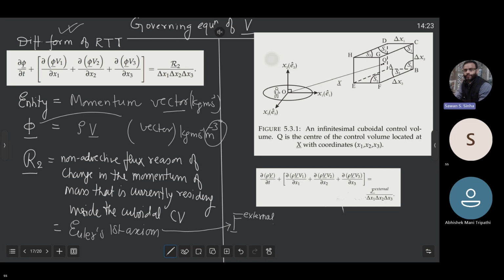It is the net external force acting on the mass contained, or residing currently, inside the cuboidal control volume.